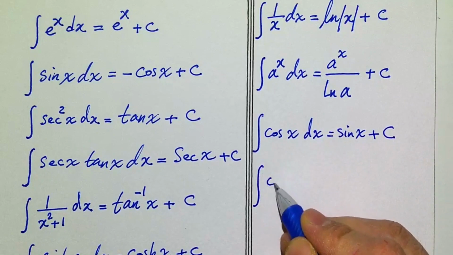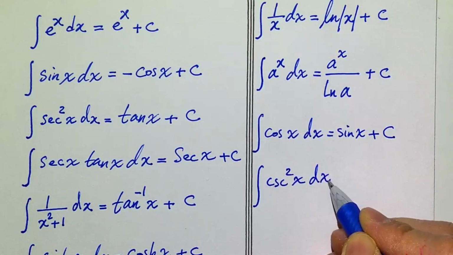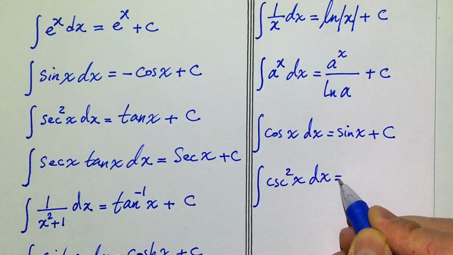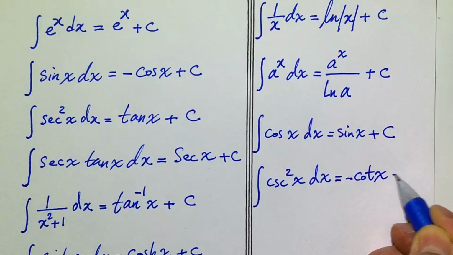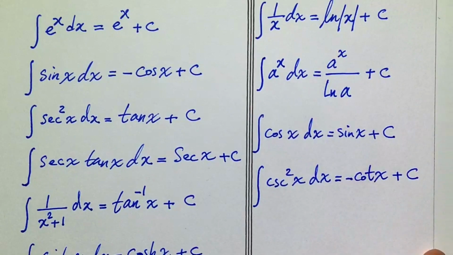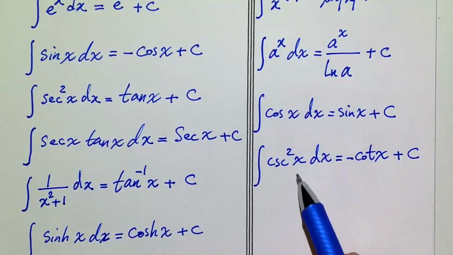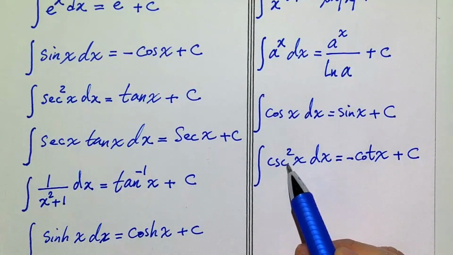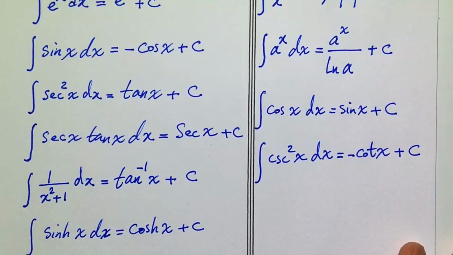The integral of cosecant squared x dx is equal to minus cotangent of x plus c. Right? This is another useful one. The antiderivative of the cosecant squared is just minus cotangent of x.